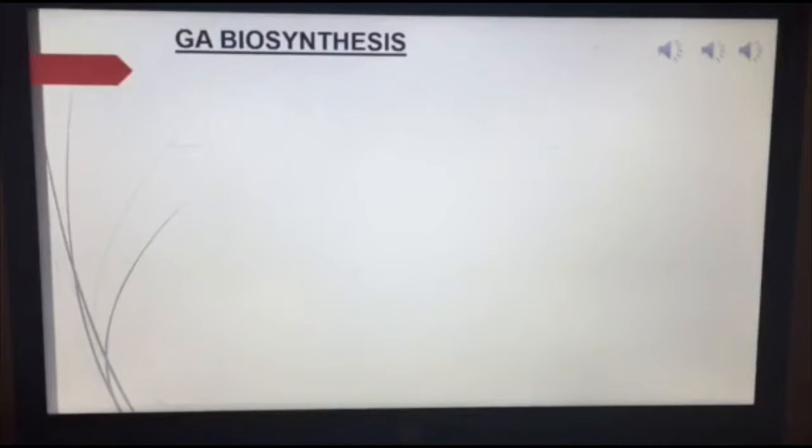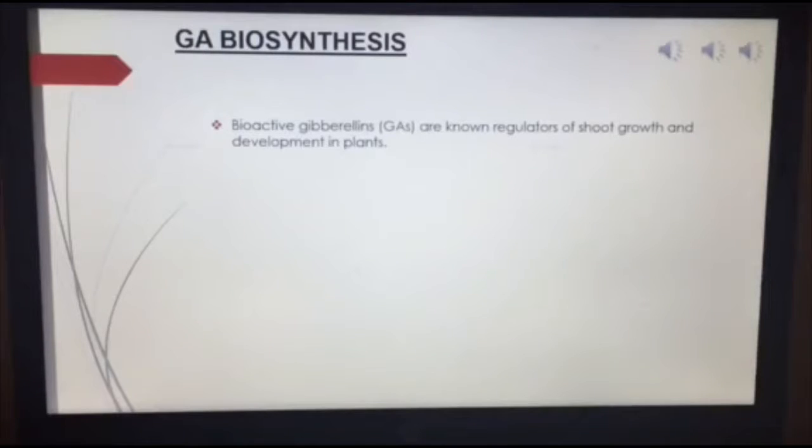Bioactive gibberellins, GA, are known to regulate growth and development in plants. In an attempt to identify where GA are formed, scientists have analyzed the expression patterns of 6 GA biosynthetic genes and genes with predicted roles in GA signaling and response, in relation to measured levels of GA.